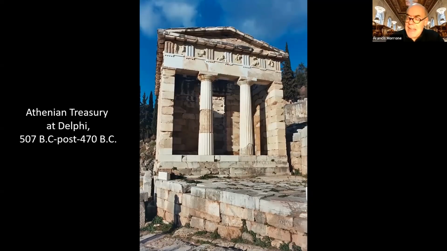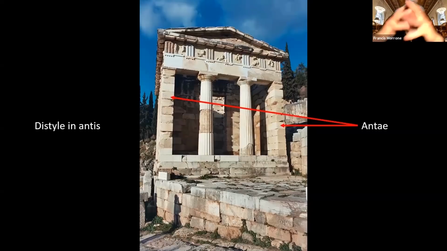But it also has, on the sides, those big, blocky piers, if you will, that we call by the name anta, singular, antae, plural. And now the antae are the forerunners of something which you will learn next week.